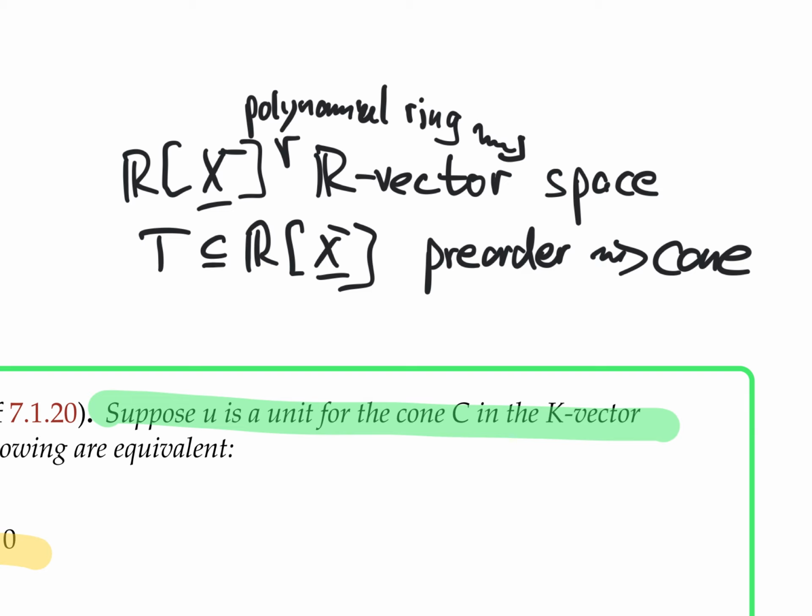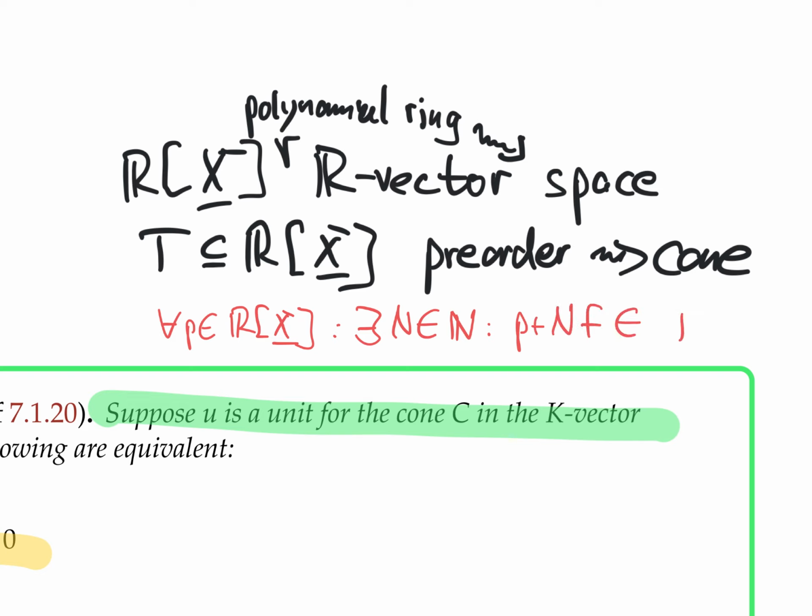Unit means a unit for this cone T, for example, would mean that this polynomial f would have to satisfy that for all other polynomials p, there exists a positive integer n, such that p plus n times f lies in T, right?